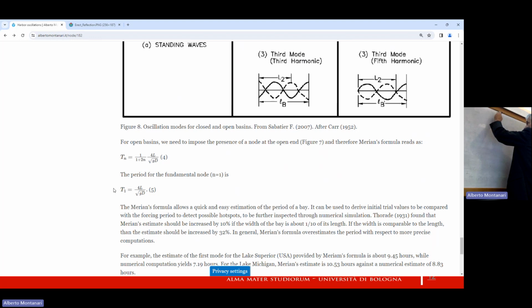So this is our Harbour. Let's call the length here L, like I did before, okay? So what happens, this is the head. This is the mouth.